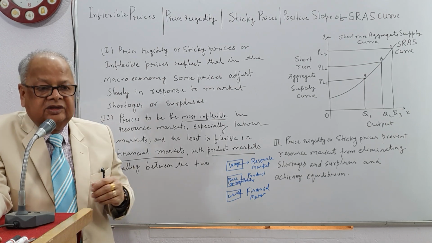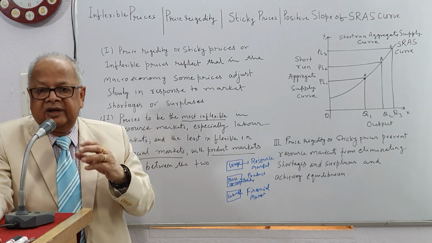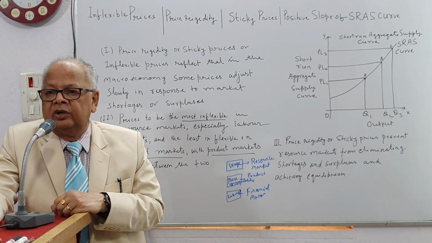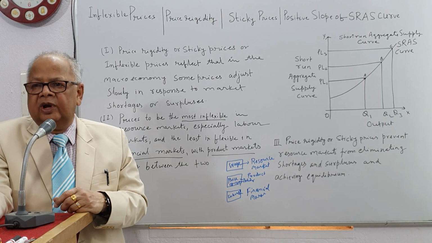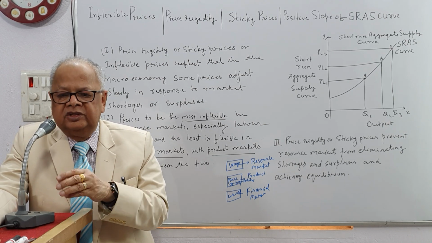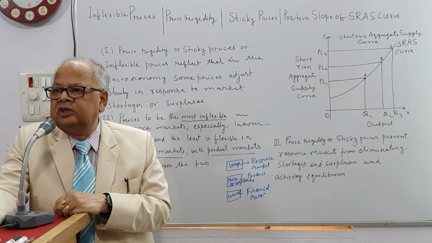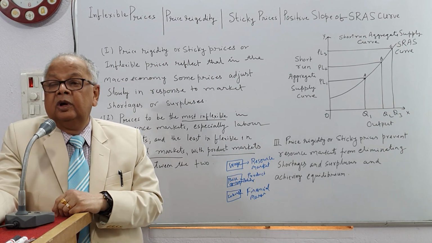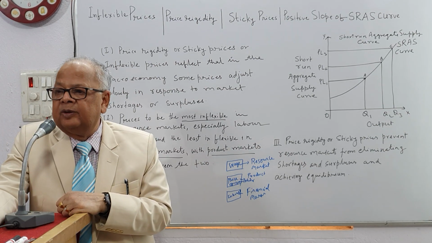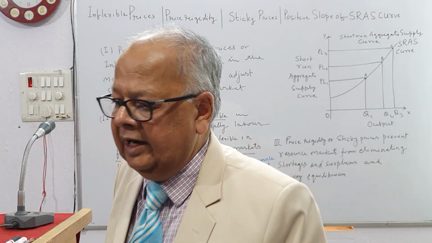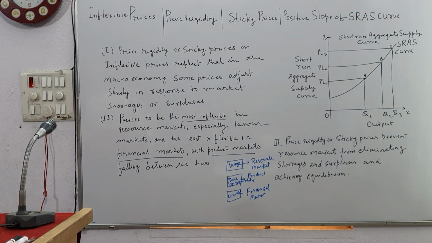Therefore, in the analysis, the labor market is especially taken as an example everywhere to illustrate price rigidity through wage rigidity, and therefore the short-run aggregate supply curve is positively sloped. In the diagram you will find that as price rises, output rises.